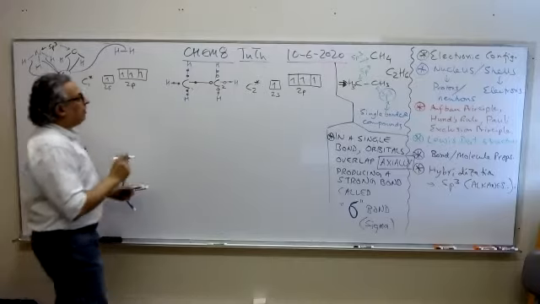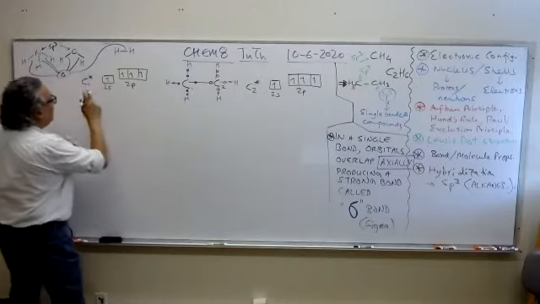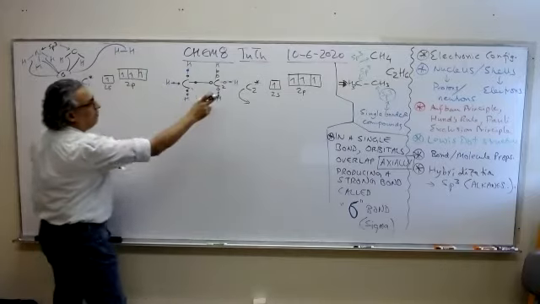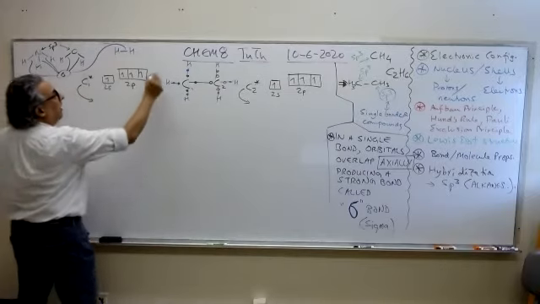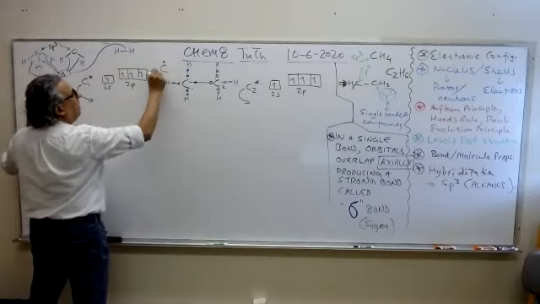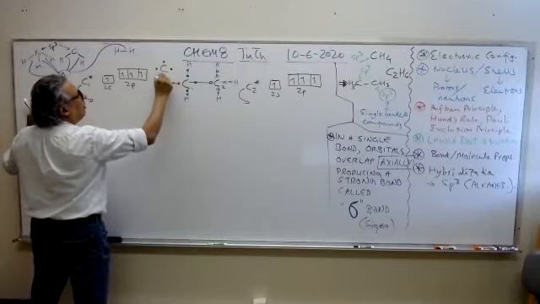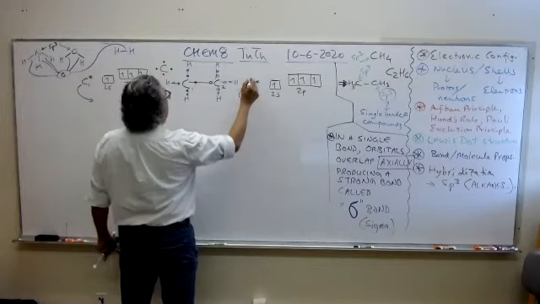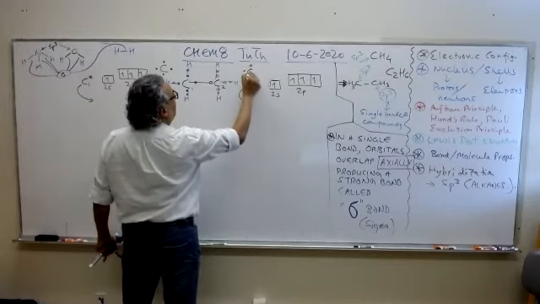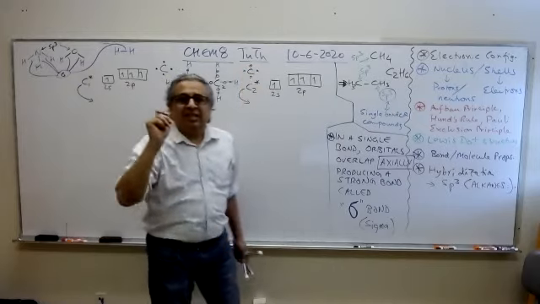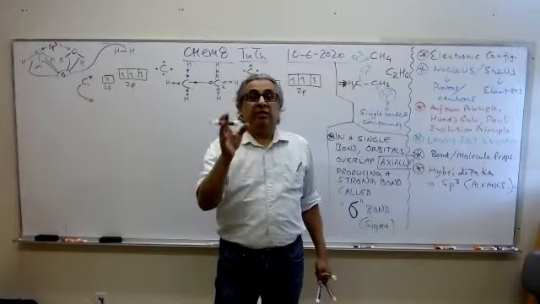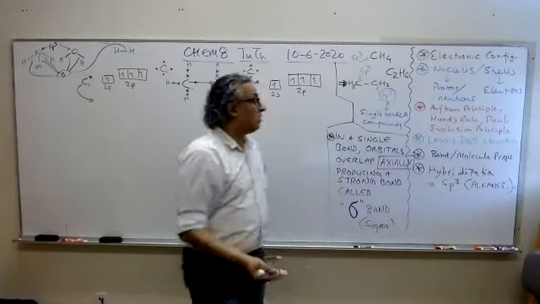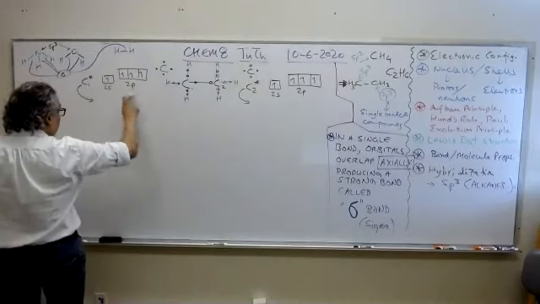In order to make bonds, each carbon needs to do some kind of hybridization so that this carbon can have 4 unpaired electrons that are identical. And it needs to do the same deal. This carbon needs to make 4 identical electrons in its valence shell so that it can make 4 identical CH bonds, right? So it mixes everything.